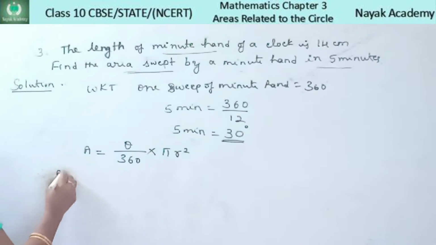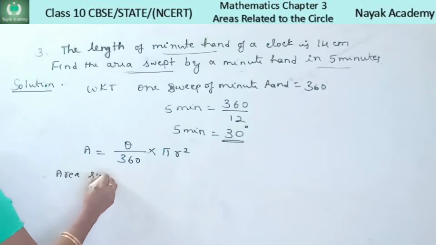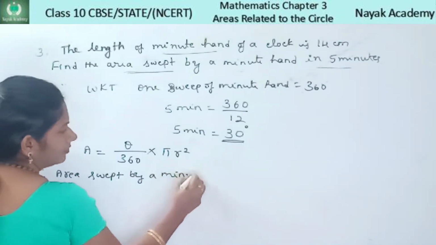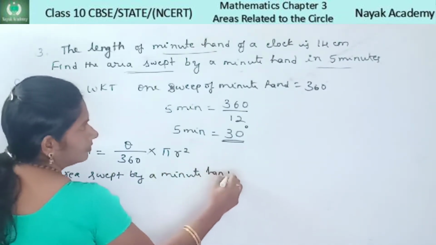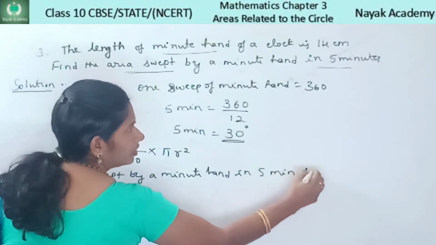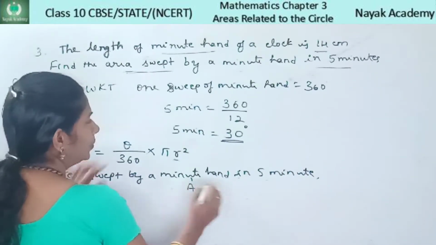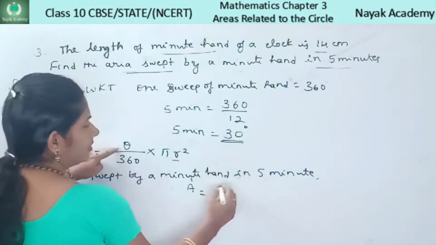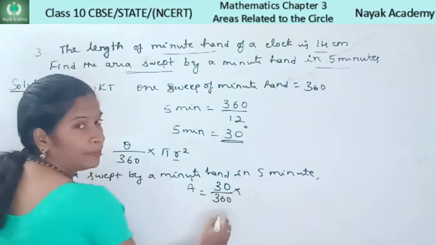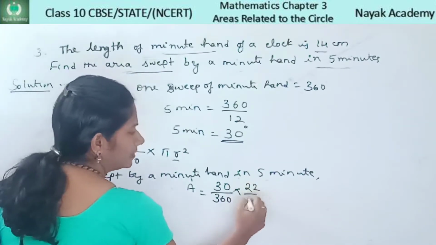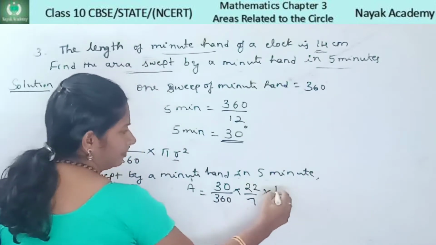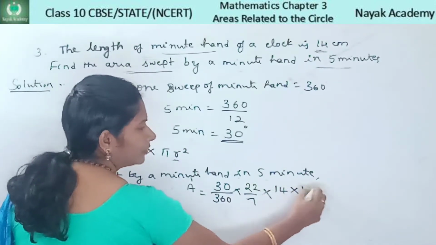Therefore the area swept by the minute hand in 5 minutes, A equal to theta, which is 30 degree, divided by 360 degree into pi value, 22 by 7, into radius 14 centimeter, pi r square, 14 into 14.